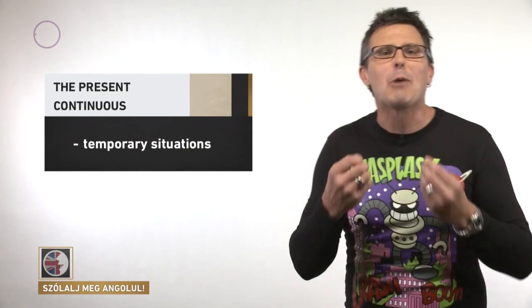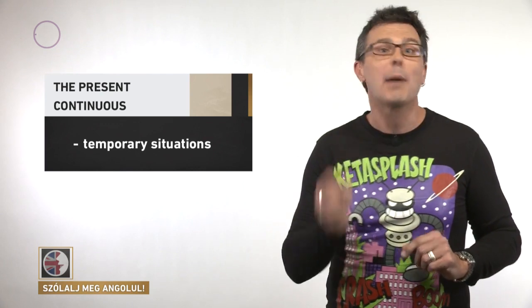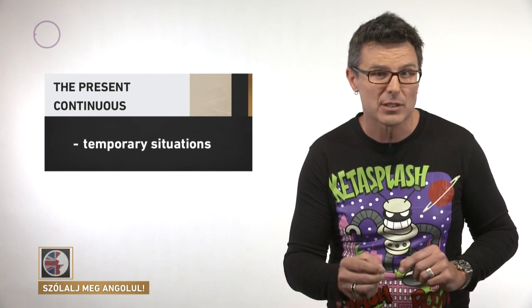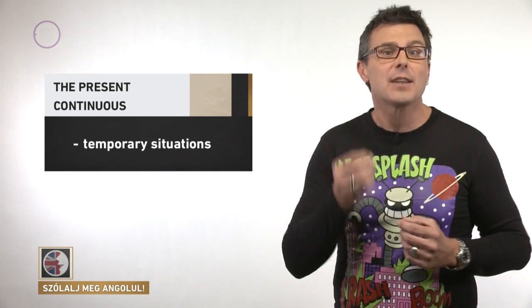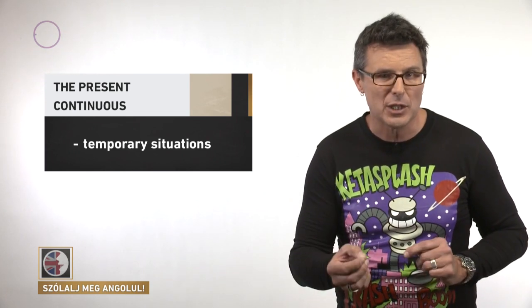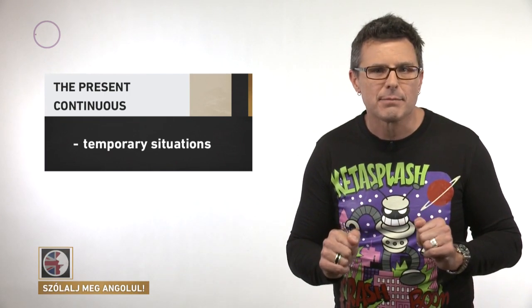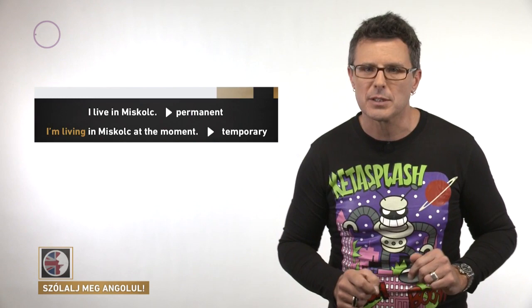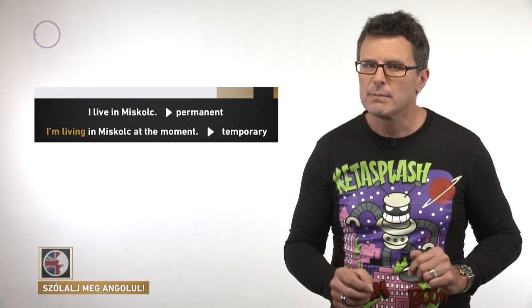Okay, but when we use the present continuous, we can also use it to talk about temporary situations. We use the present continuous to emphasize the temporary nature of the situation. So, let's look at a couple of examples. I live in Miskolc. I'm living in Miskolc at the moment.